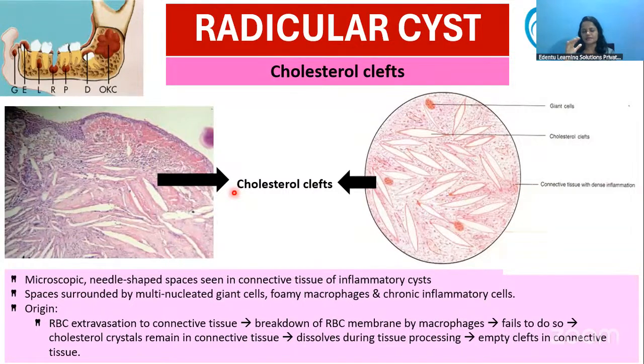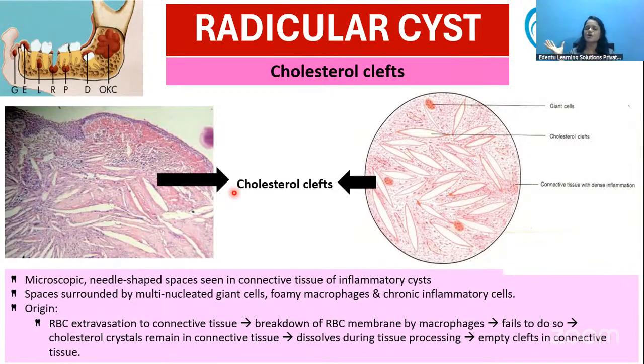So what happens is that RBCs come out of the blood vessels into the connective tissue. Not just one or two RBCs, lots of RBCs will be coming. So for clearing these RBCs, the body sends macrophages.